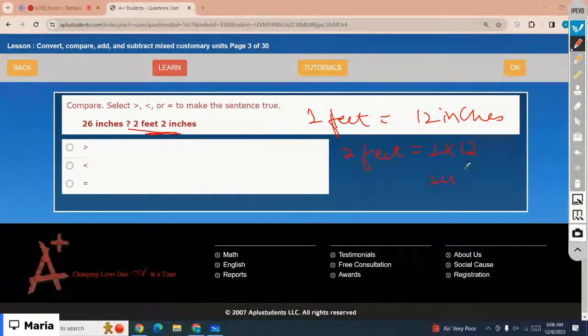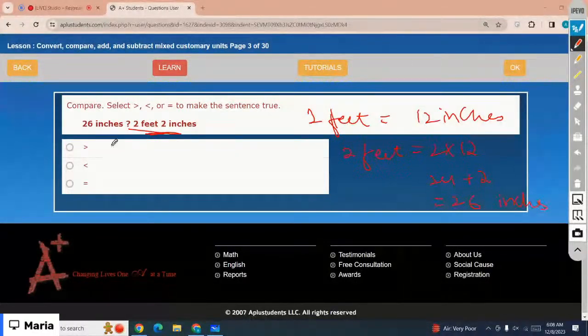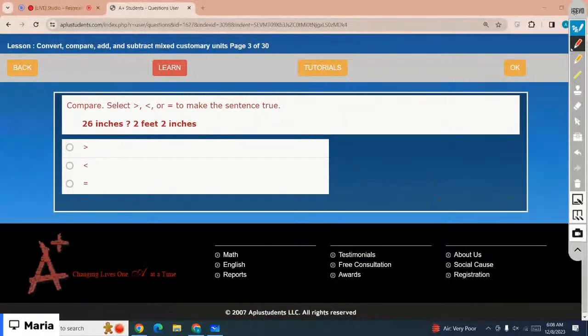You already have 2 inches here. So 24 plus 2 is 26. So 2 feet 2 inches equal 26 inches. That means they both are exactly equal. Alright, so the correct option is equal.